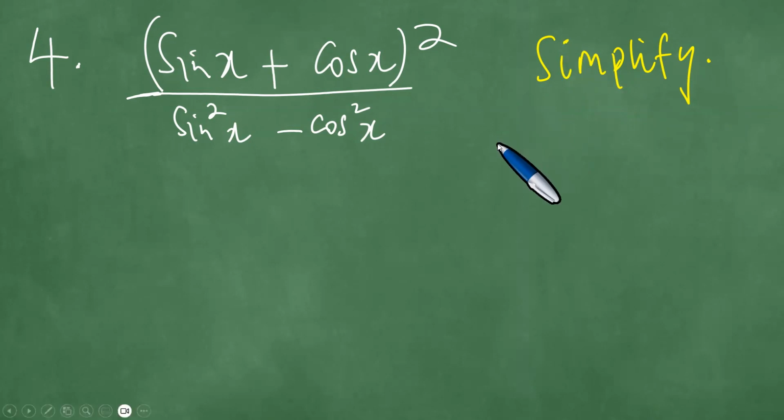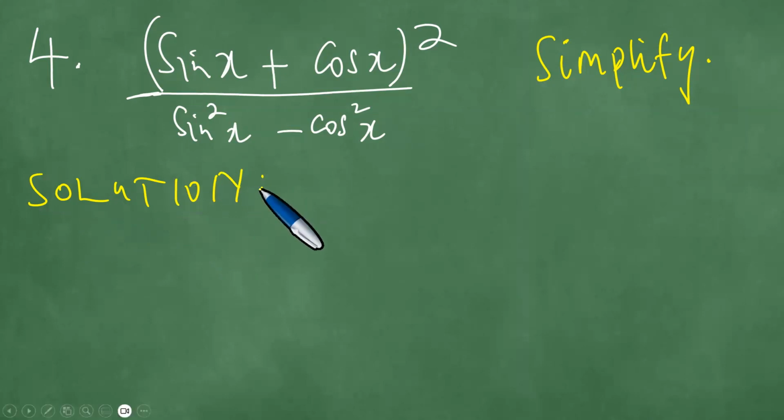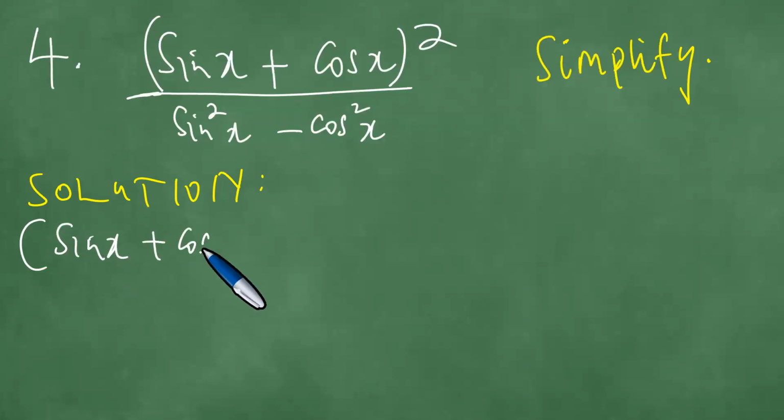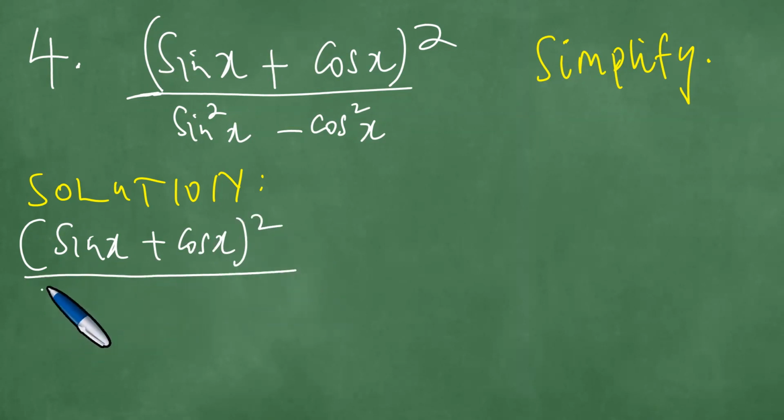I think we expand the bracket. Yes, we expand the numerator by opening up the parentheses. So we have sine x plus cosine x squared, divided by sine squared x minus cosine squared x.